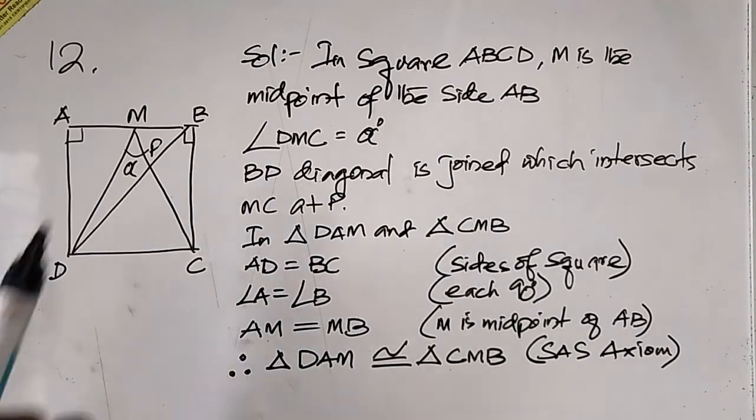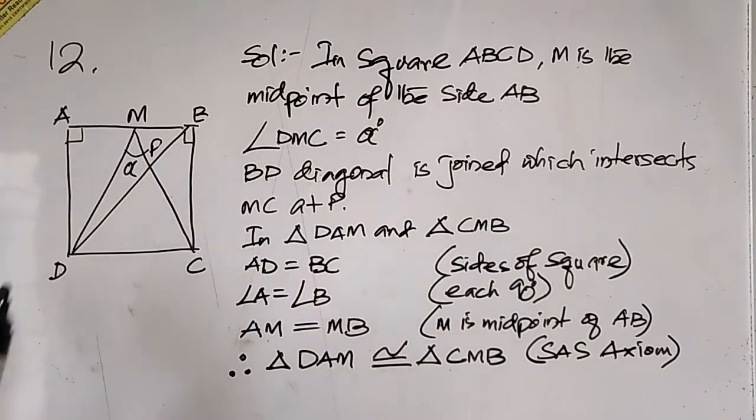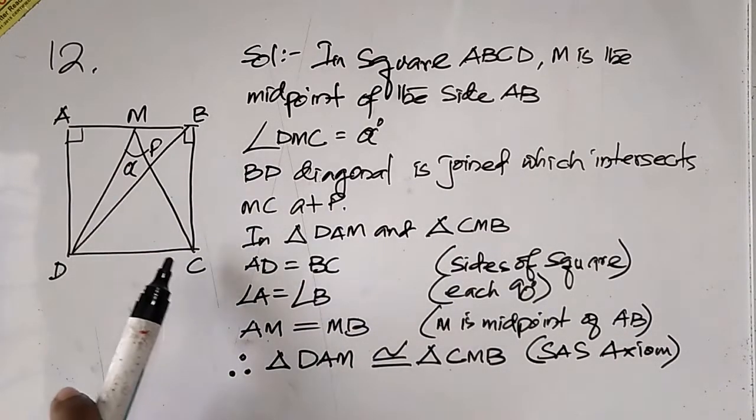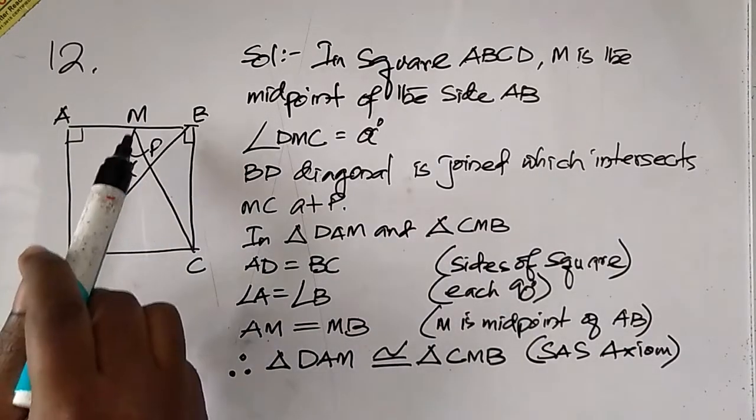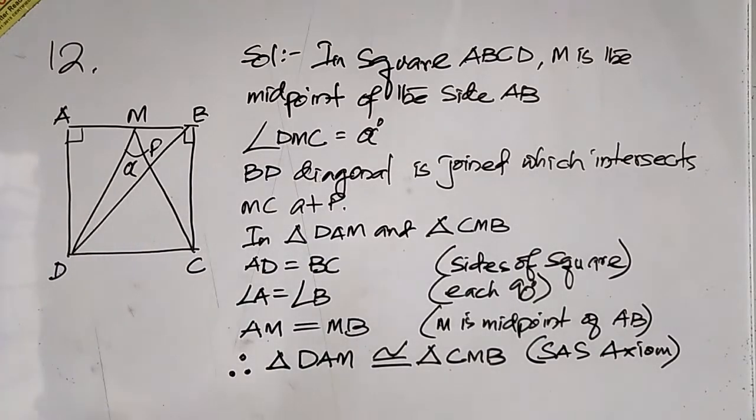You remember we were talking about these two lines? MD will be equal to MC because these two triangles are congruent. So these two lines MD and MC will be equal to each other. Reason? CPCT, right? Corresponding parts of congruent triangles are always congruent.